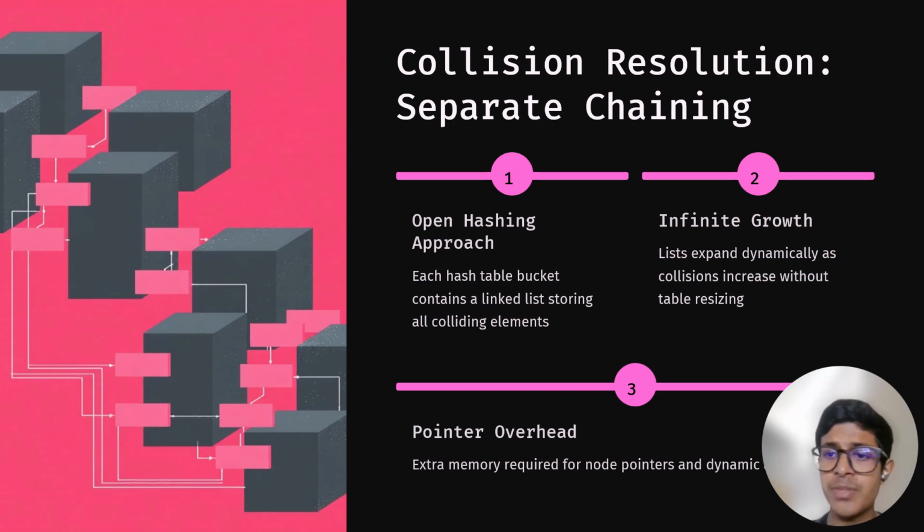Infinite growth: one of its biggest advantages is that the list can expand dynamically. Next is the pointer overhead. There is a trade-off in terms of memory because we are using linked lists. We require extra memory for node pointers and the overhead of dynamic memory allocation. It is a robust way to handle the inevitable crowding of the indices, ensuring that every piece of data has a place to live, even if it has to share an index with another key.